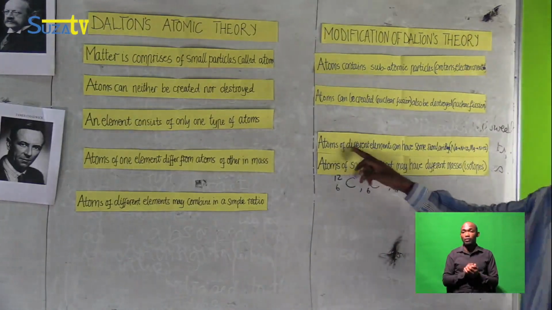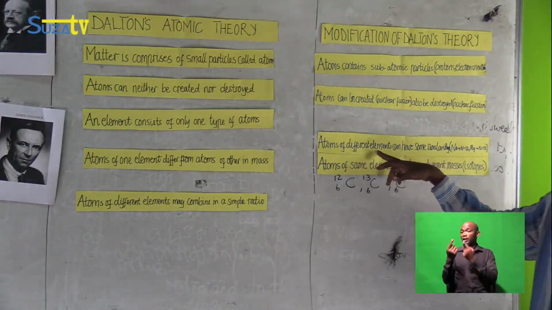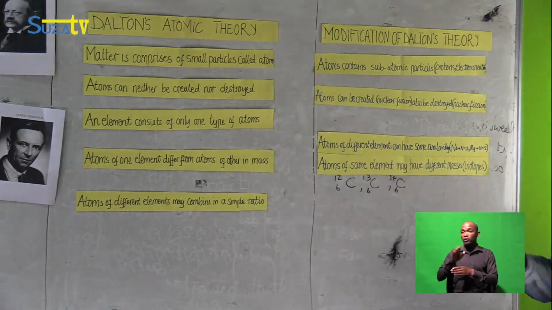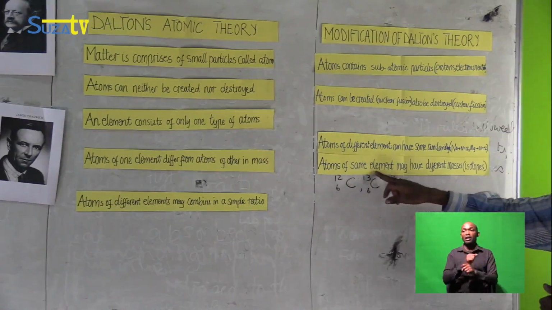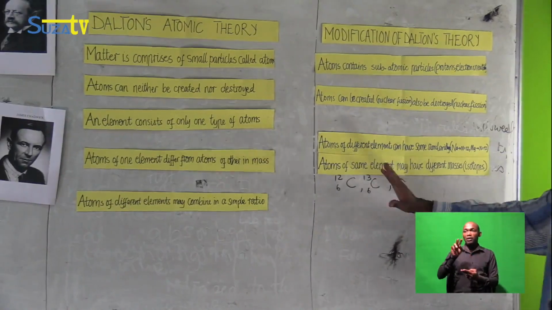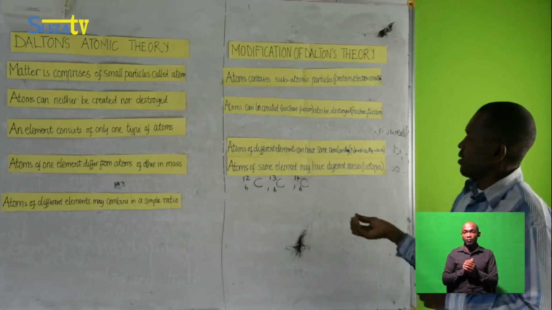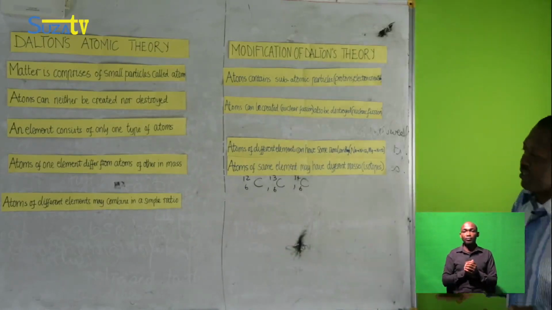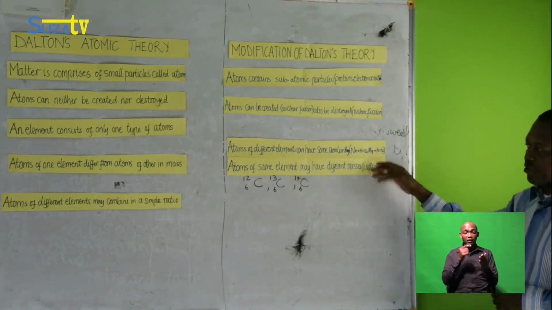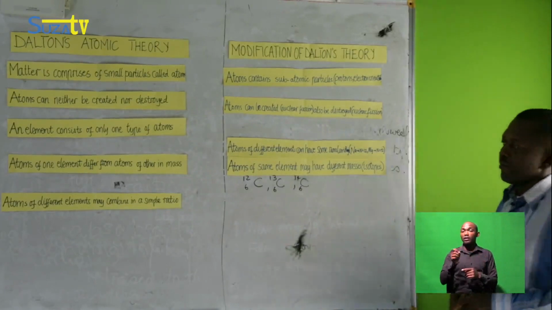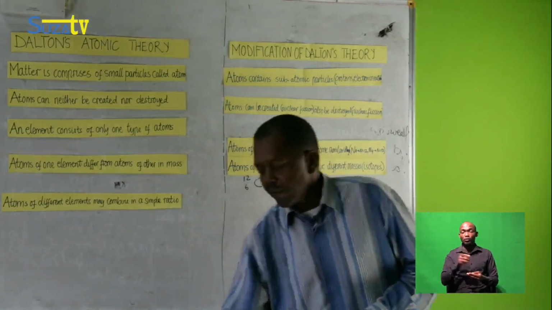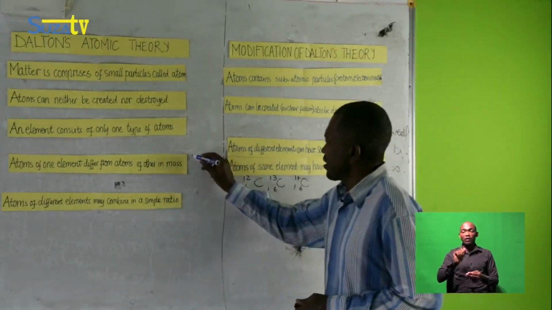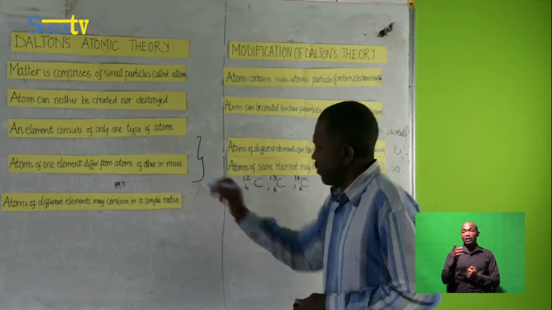Here we are talking about atoms from different elements having the same property. Here we have atoms of one element having different properties, for example, different mass. So both of them challenge the Dalton atomic theory.